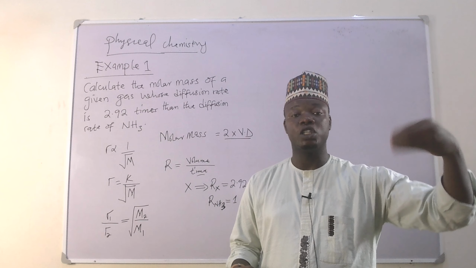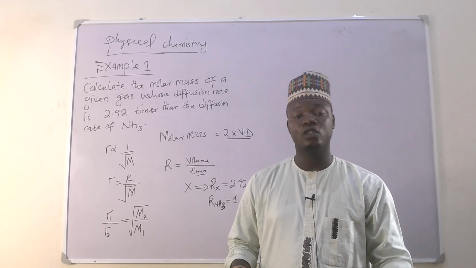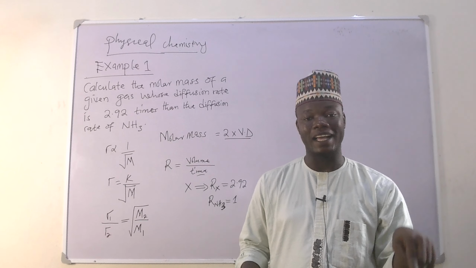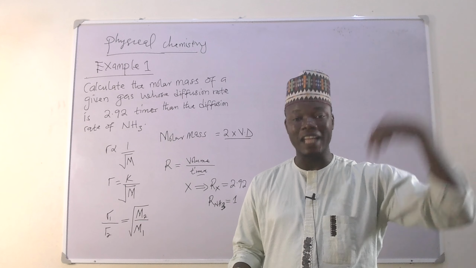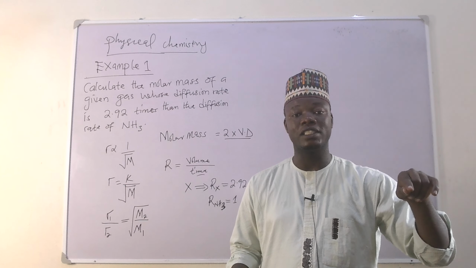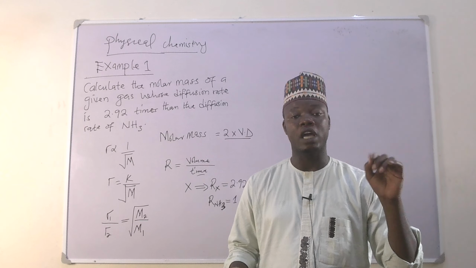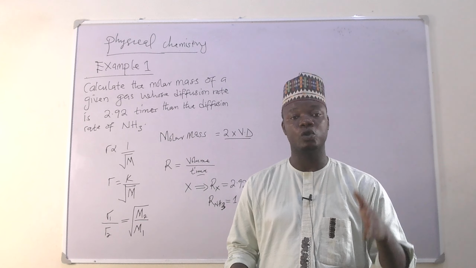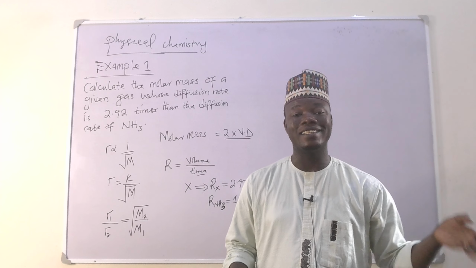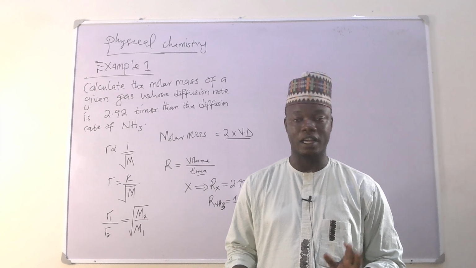So if the rate of diffusion of ammonia is 1, the rate of diffusion of the gas is equal to 1 times 2.92, which gives us 2.92. That is the rate of diffusion of that particular gas.